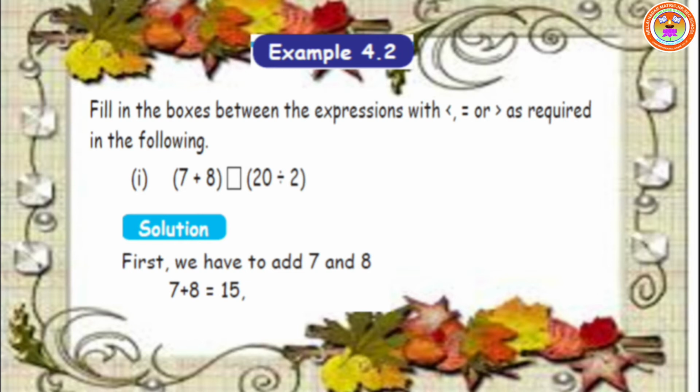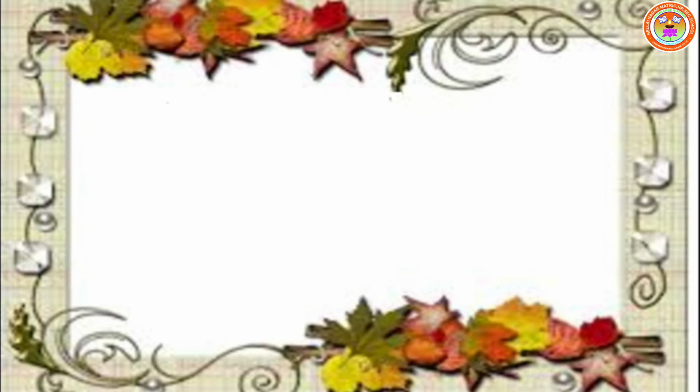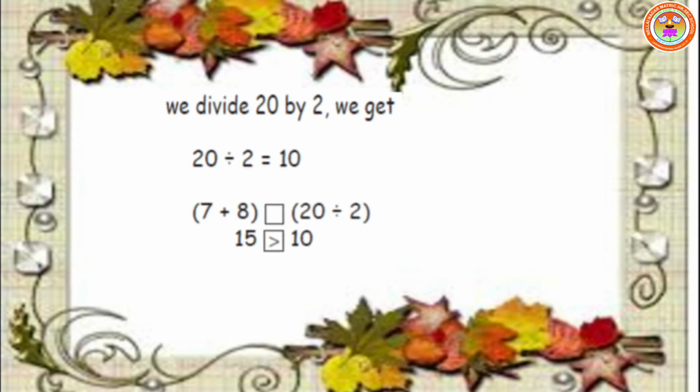So what is 7 plus 8, students? It is 15. Next, 20 divided by 2 will get 10. Now we are going to compare the two values. 15 is greater than 10. So we can say 7 plus 8 is greater than 20 divided by 2. Is it clear?